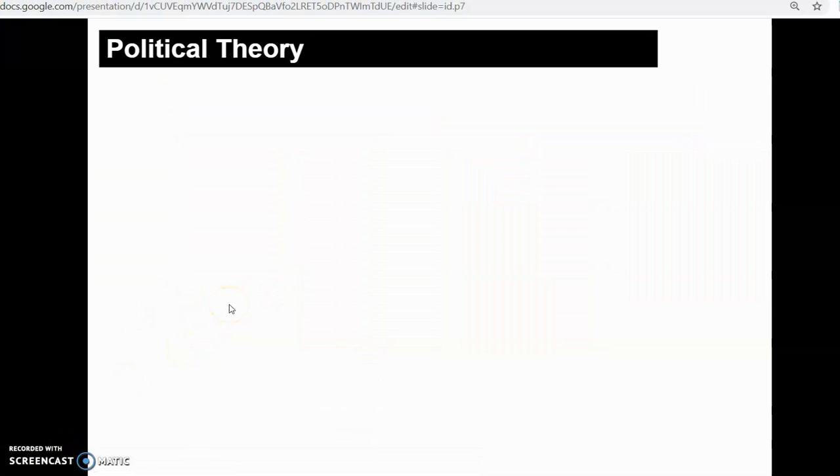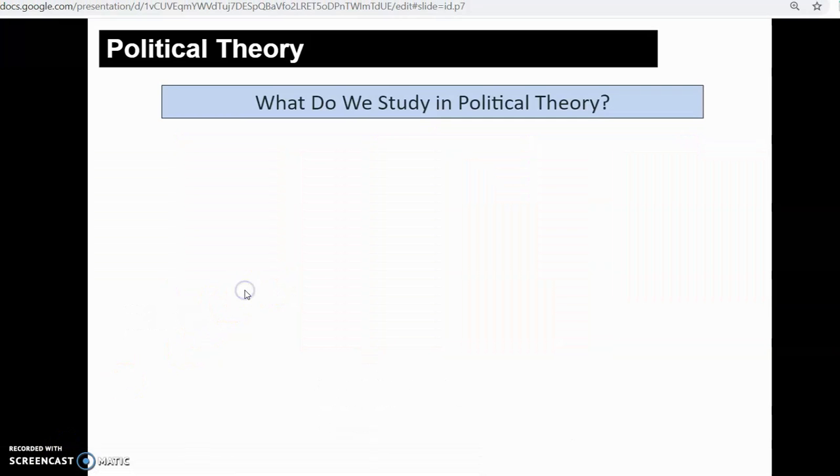So, moving toward the second question, what do we study in political theory? As you can see, political theory consists of two words. The first is political, which is something related to the public, or something more concerned with the welfare of society. The second is theory. Theory means guesses or ideas that are not known to us, right?